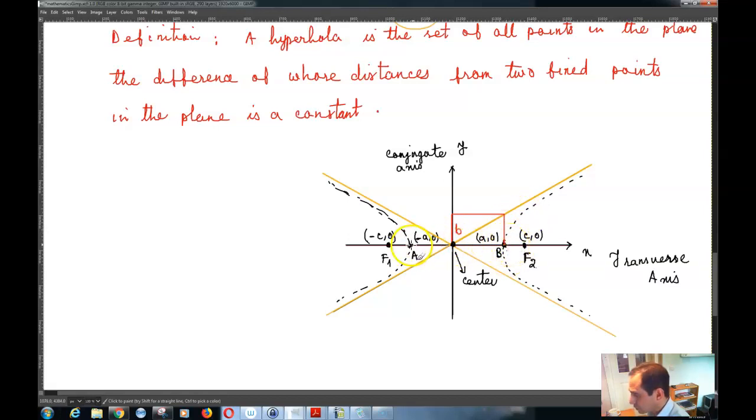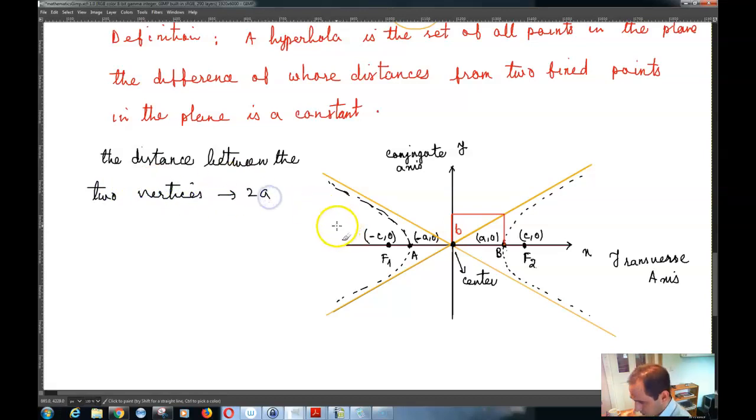The distance between the two vertices we denote as 2a, and that has been defined as the length of the transverse axis, meaning that based on this definition the transverse axis starts from here and goes all the way up to here.